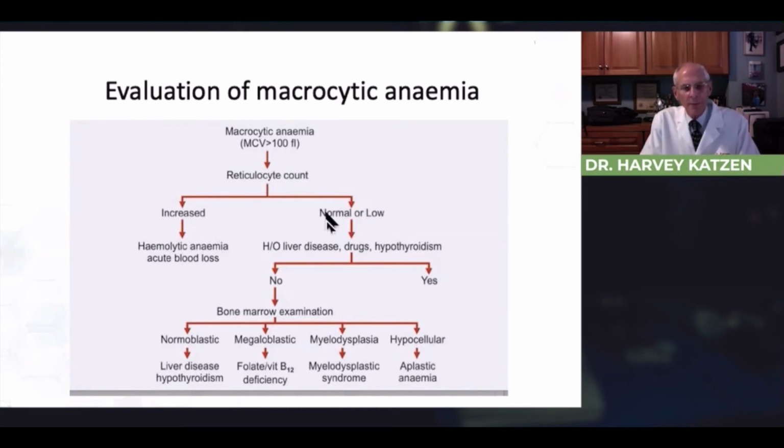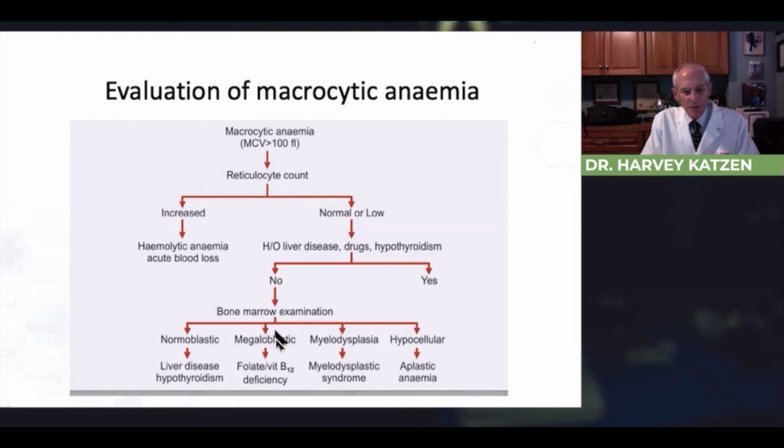On the other hand, if the reticulocyte count is normal or low, it may be a different type of problem, such as drugs, particularly chemotherapy, hypothyroidism, which has something to do with the way cholesterol is deposited.